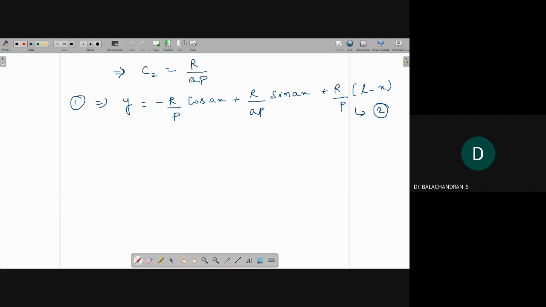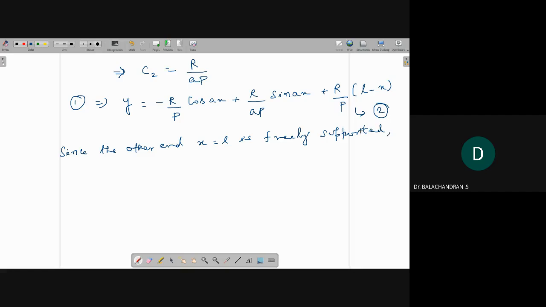Since the other end, X is equal to L, is freely supported. That is given in the question.